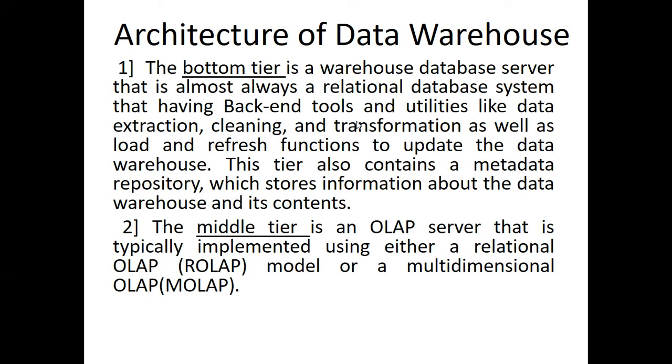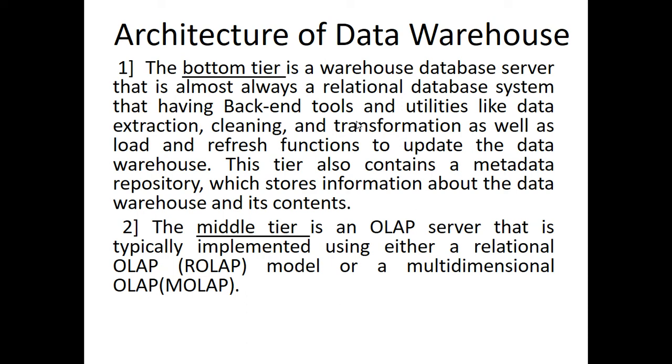The bottom tier is a data warehouse server, which is almost always a relational database system with backend tools and utilities like data extraction, data cleaning, data transformation, as well as load and refresh functions to update the data warehouse. This tier also contains the metadata repository, which stores information about the data warehouse and its contents.